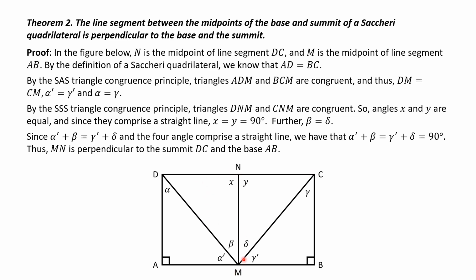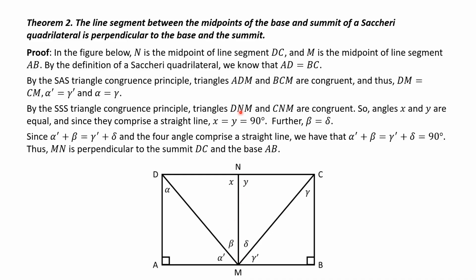Now we're going to look at these triangles, the upper triangles here, this one here and this one here, and they're congruent by side-side-side. This side is equal to this side. We just proved that. N is the midpoint, so DN is equal to NC, and then they share a common side here.